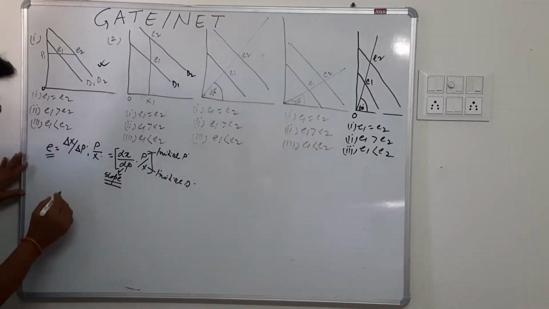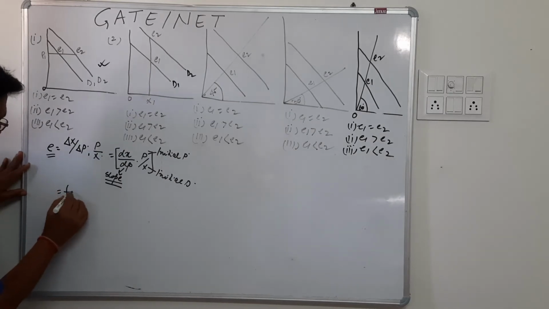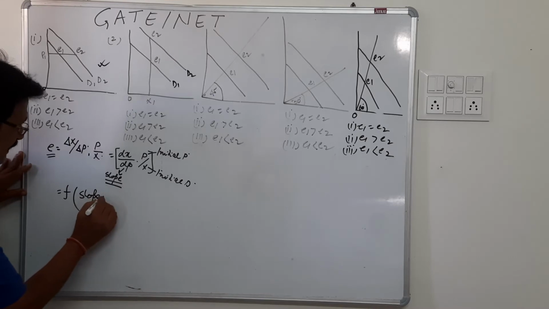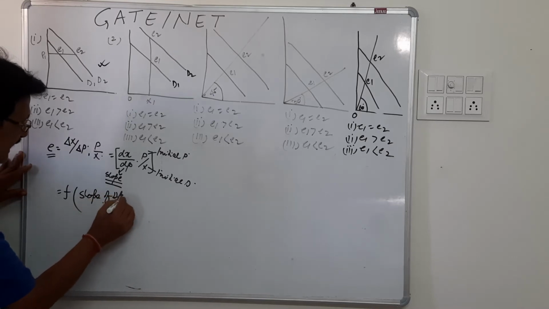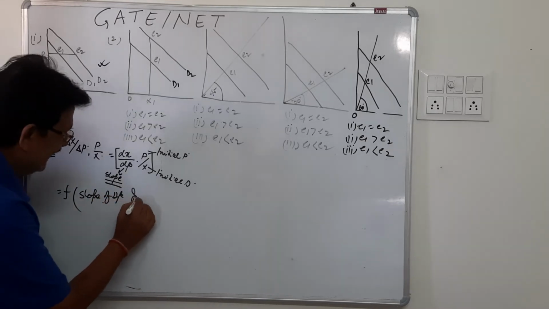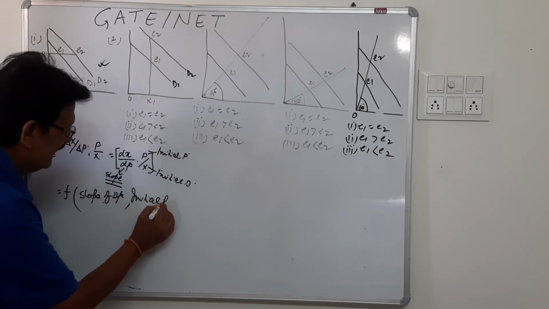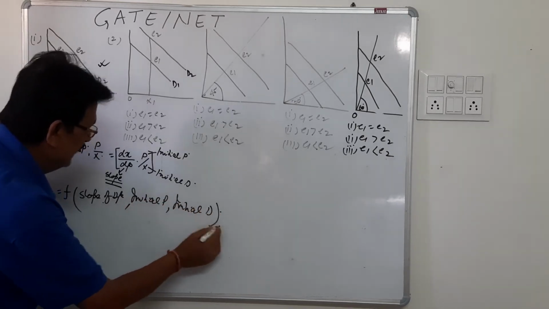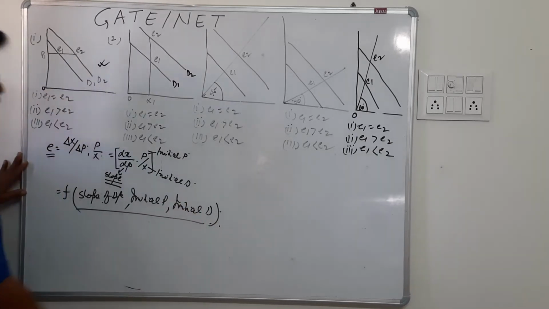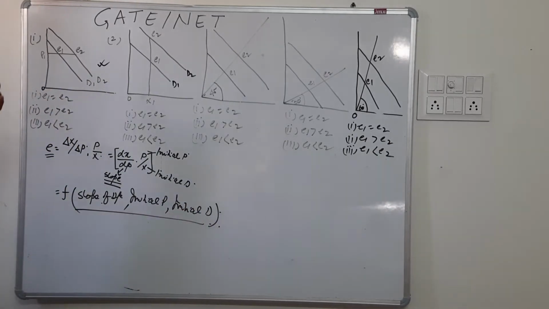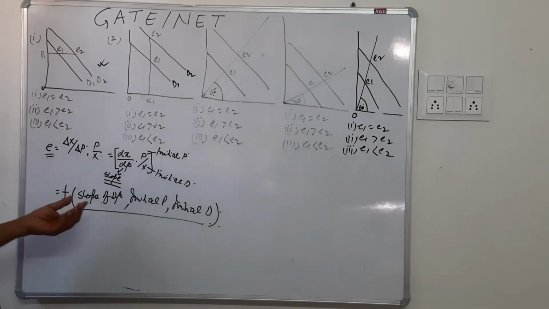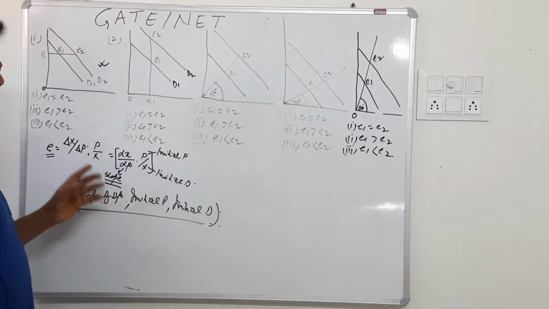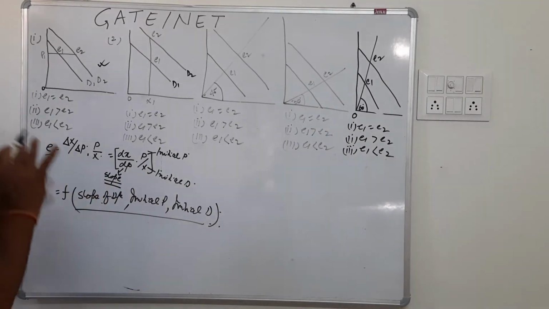So elasticity of demand is a function of three components: first, the slope of the demand curve, secondly, the initial price, and thirdly, the initial demand. While comparing elasticity between 2 points, we have to see which of these components have changed and which are constant.